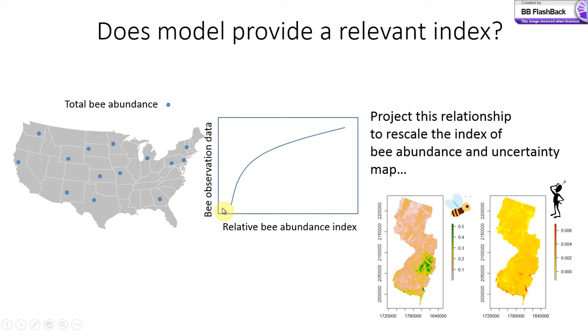Then if we find this relationship, we can rescale the index of bee abundance and uncertainty. So this is just a model index, but we would like to rescale our index using this relationship. Then our uncertainty index also follows this relationship.